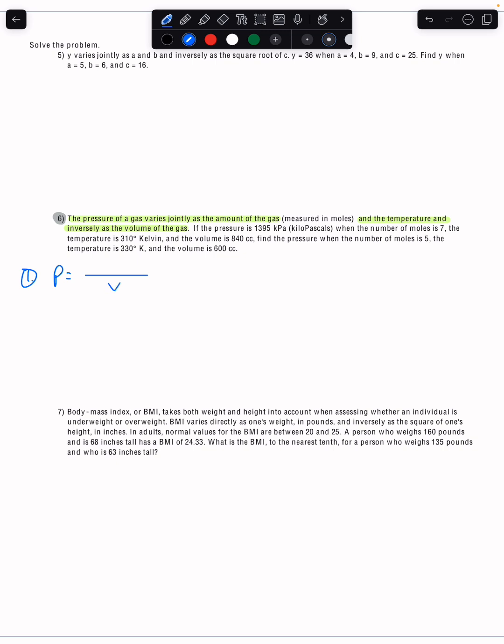We know the volume is inverse, so the volume's in the denominator. And we see jointly the amount of gas and the temperature, so it means we're going to have k times gas times temperature. So our equation looks something like this. And then we just need to plug in the information they gave us.